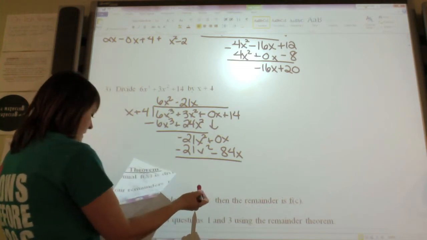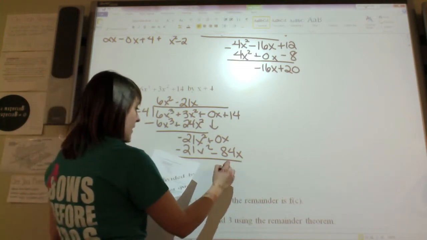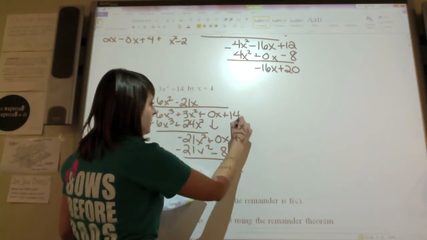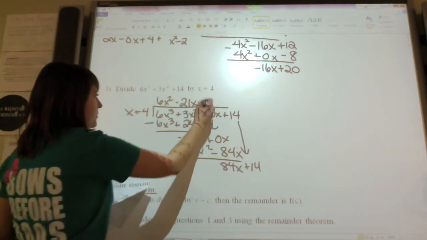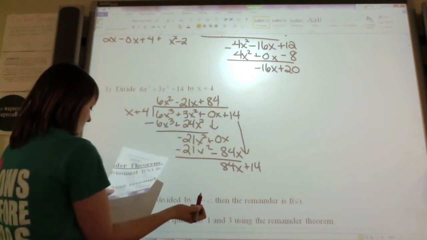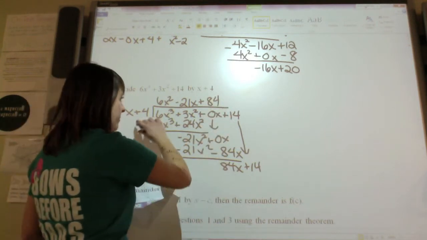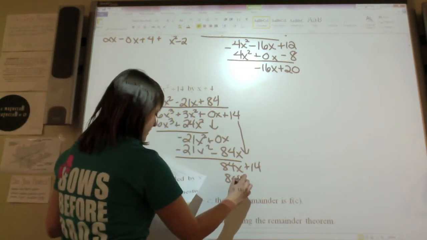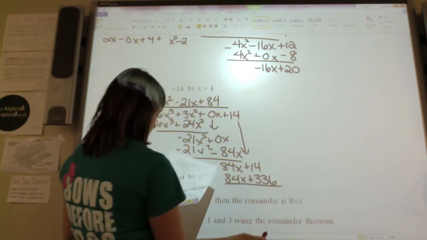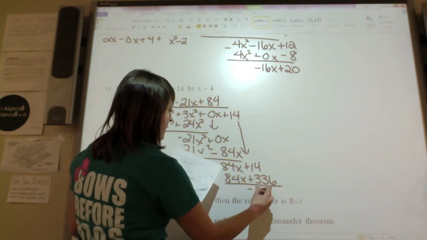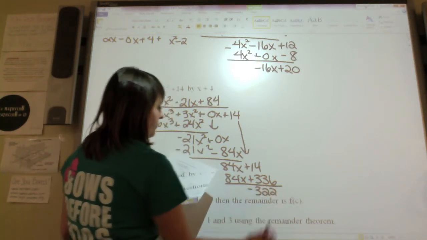When I subtract that, I get 84x. And then I can bring this 14 down. And then I know that I have to multiply this by 84. So when I multiply that back through, I get 84x plus 336. And that gives me a remainder of negative 322.